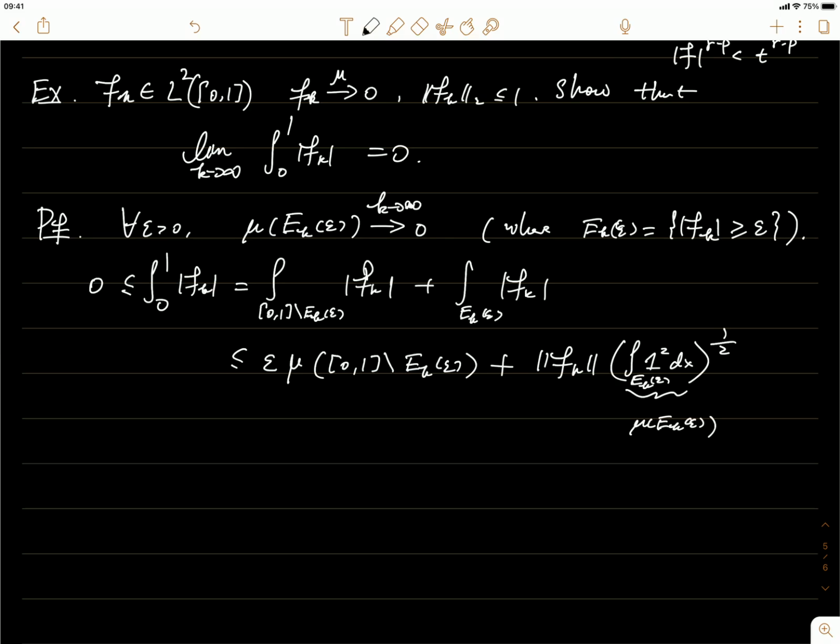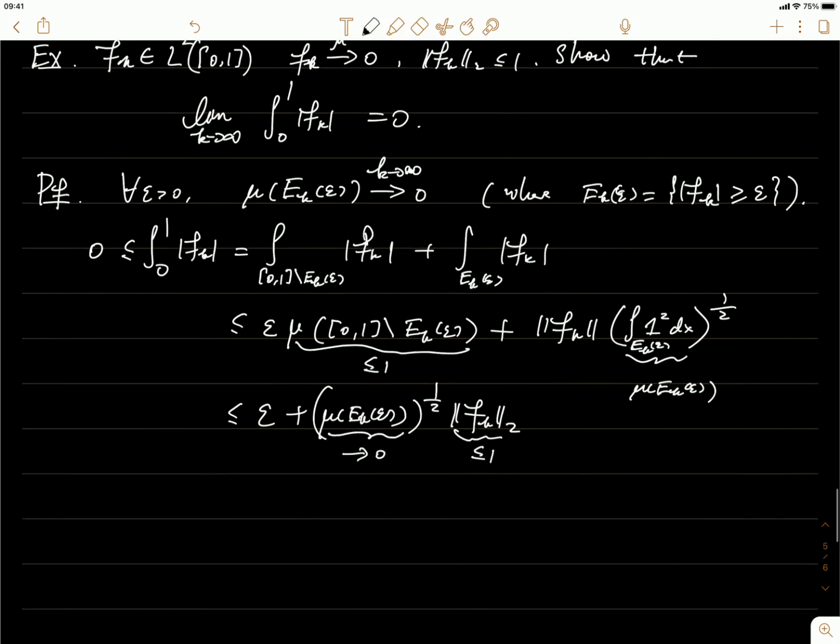And we can see that as k goes to infinity, I know that this is less than or equal to 1. So this is less than epsilon plus the mu of Ek epsilon to the 1/2 times the 2 norm. So this is less than or equal to 1, and this one here goes to 0 as k goes to infinity.